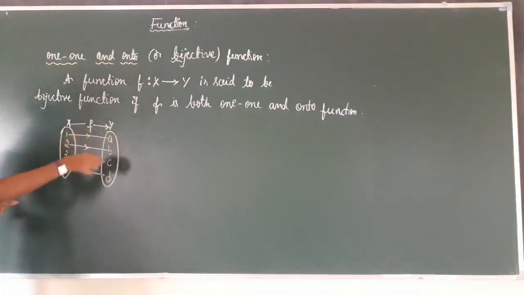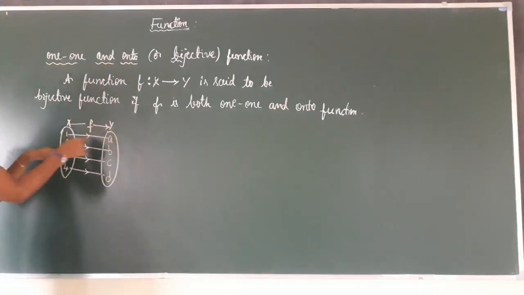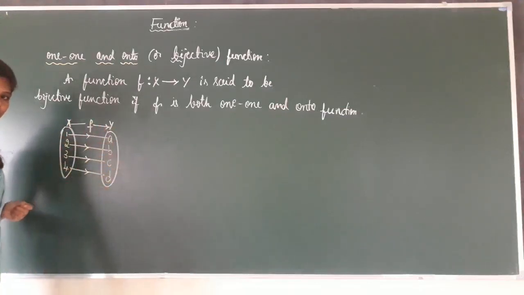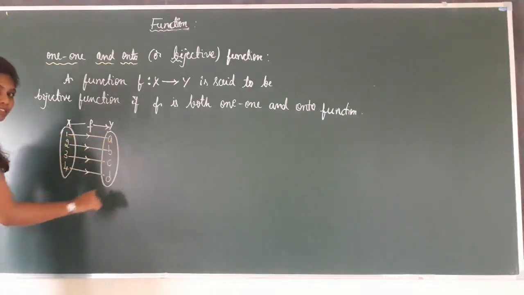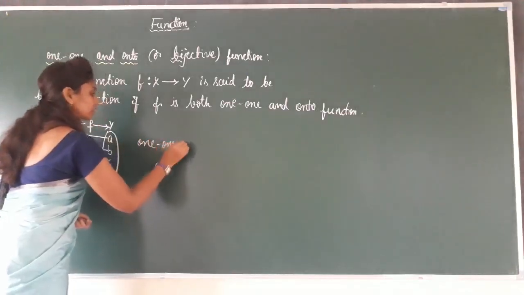That's why this is a one-one function. Observe here, 1 has the image a, 2 has the image b, 3 has the image c, 4 has the image d. So distinct elements have distinct images. That's why this is a one-one function.